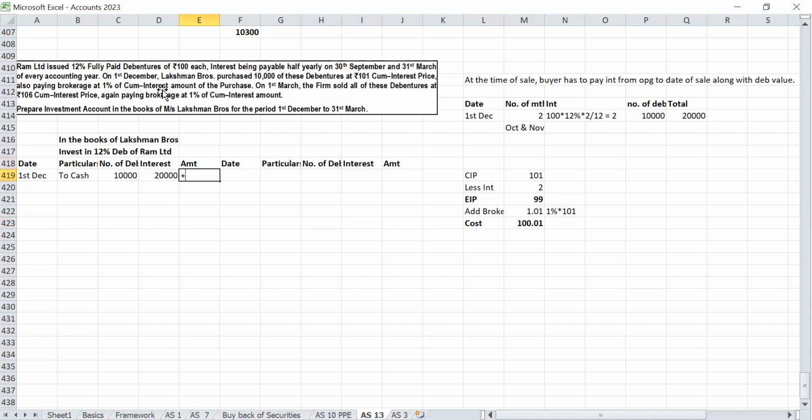So 100.01 into number of debentures. Clear? Clear, sir.